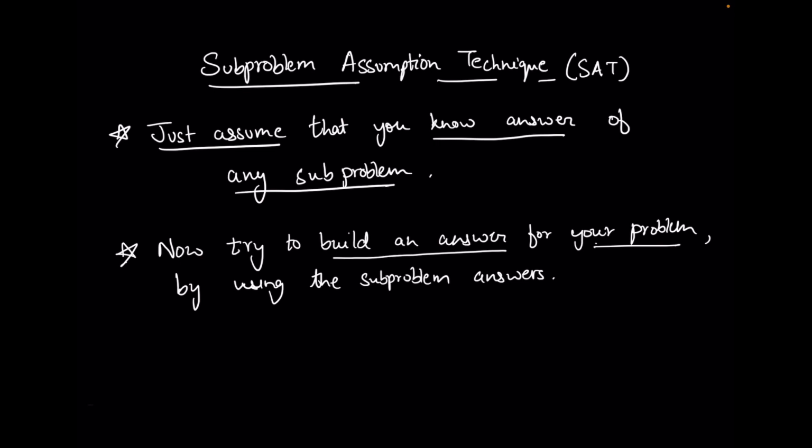Assume that and make the calls for the subproblems that you want. Try to build an answer for your problem using these calls, and then return this answer if necessary from your function. If you simply assume that you know the answer of any subproblem using your recursive function offhand, and then build an answer for your problem using these smaller answers, then your recursive function will automatically work correctly.